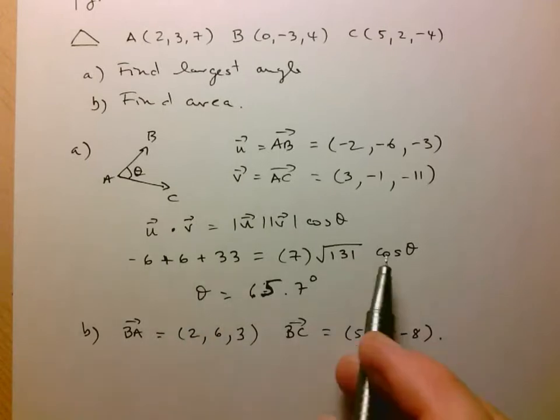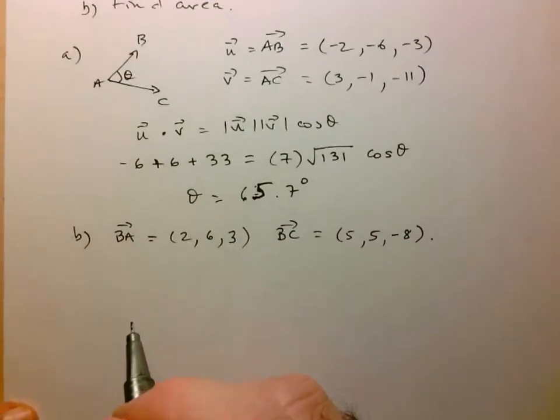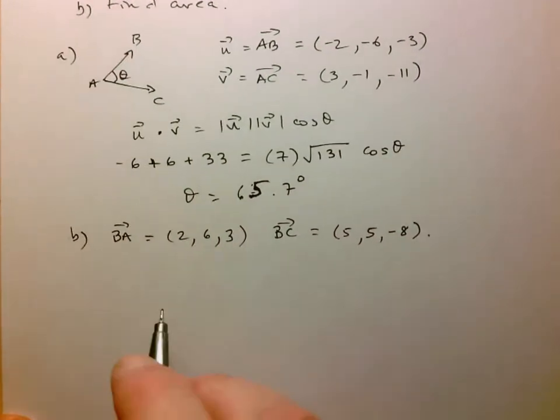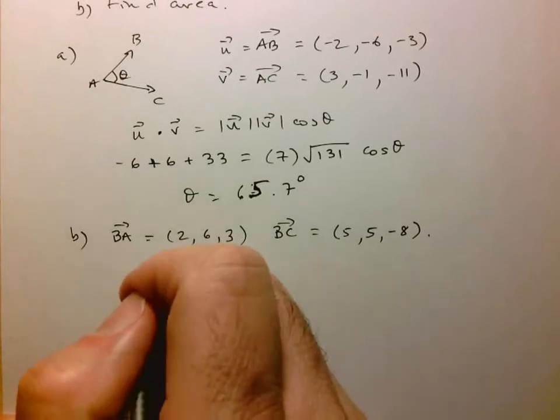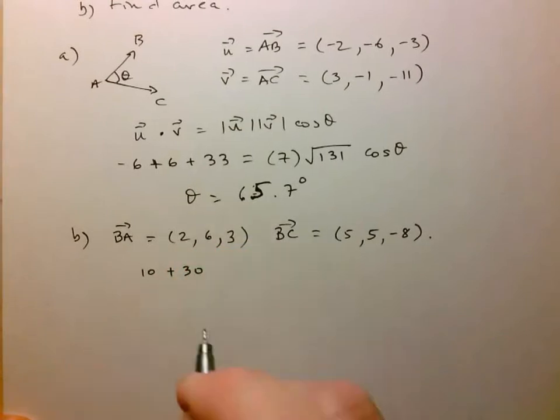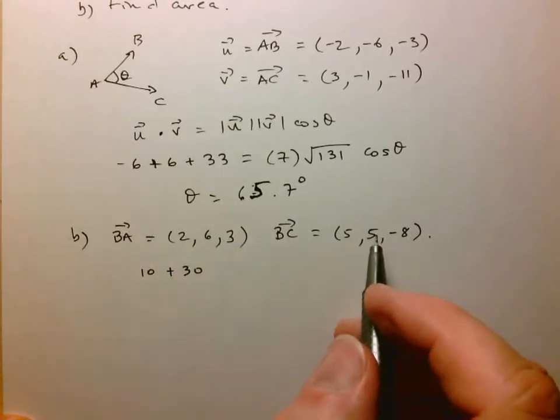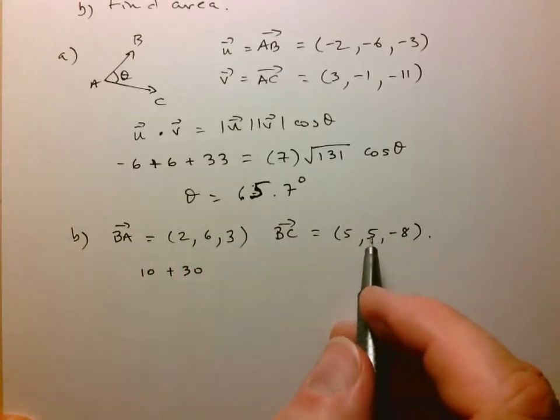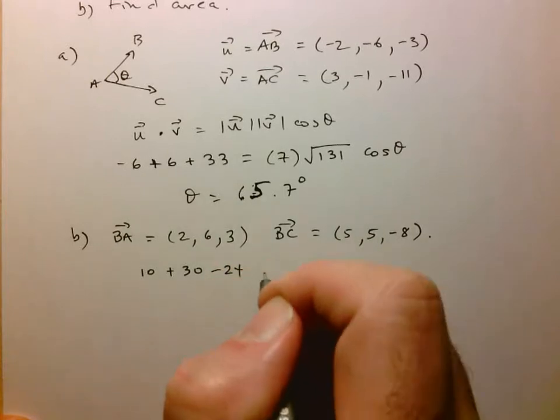I won't write out the equation here, so now let's determine the angle at B. Dot product: 2 times 5 is 10, 6 times 5 is 30, so plus 30, and 3 times negative 8 is negative 24, so minus 24.